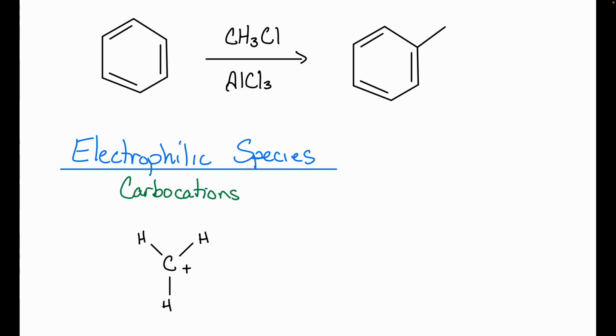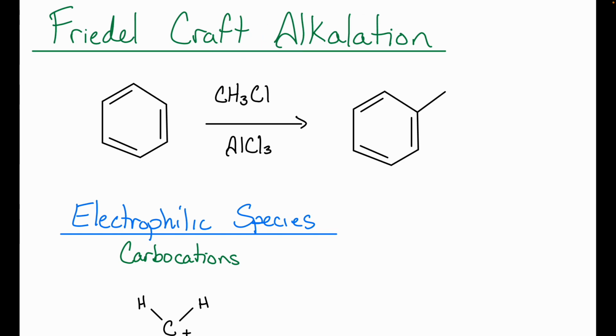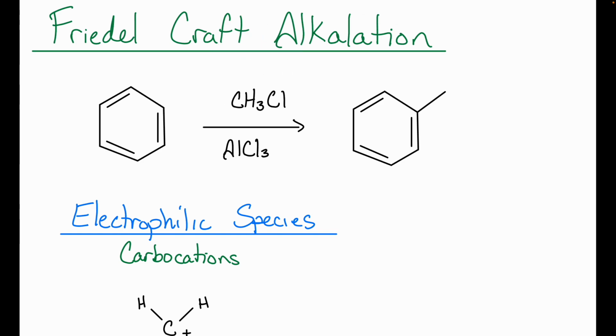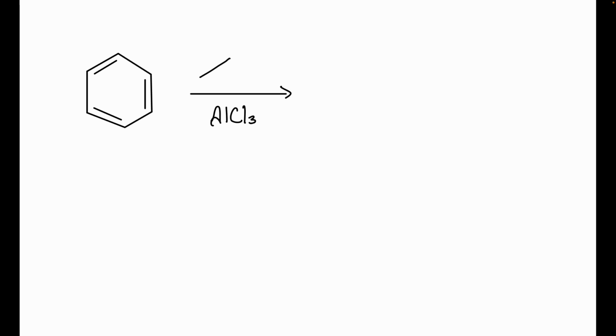Okay. Because this is an alkyl group, we're going to put a few more examples down because it would really depend on what alkyl halide, alkyl chloride we used. That would tell us what our product is. All right. So let's instead use something like 2-chloropropane.